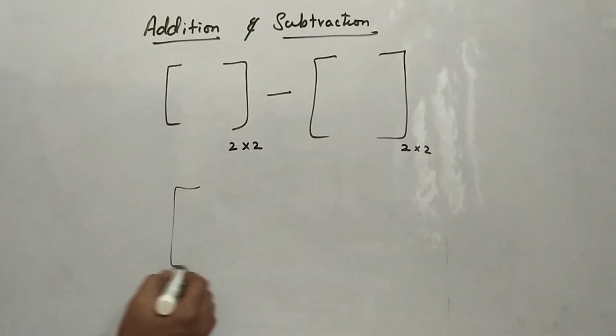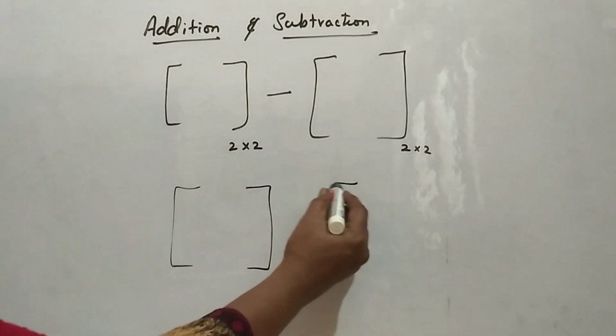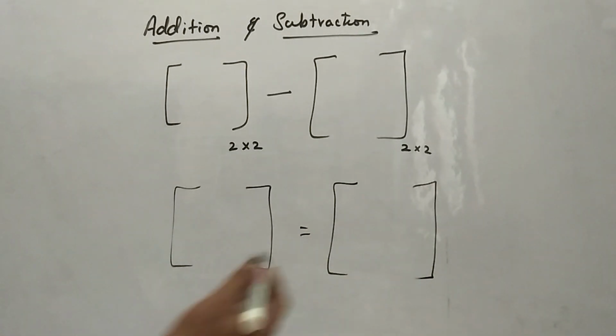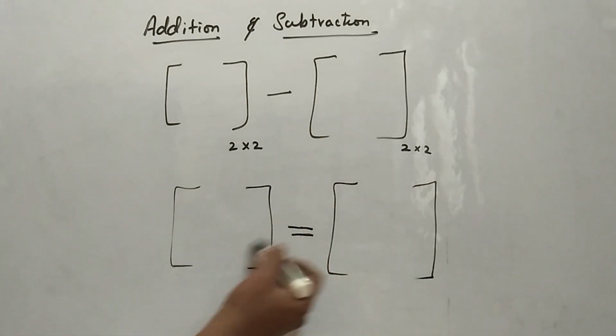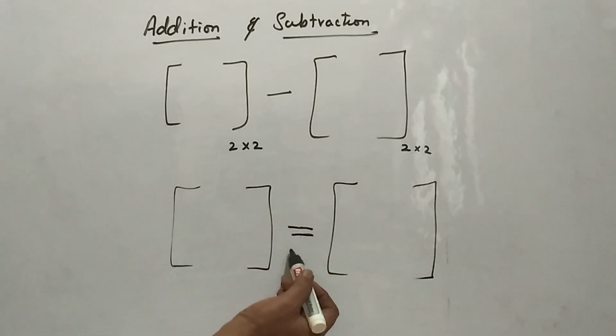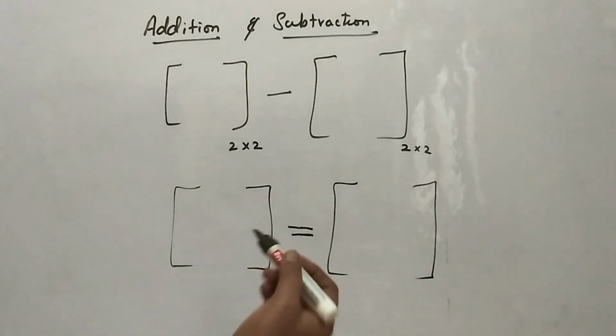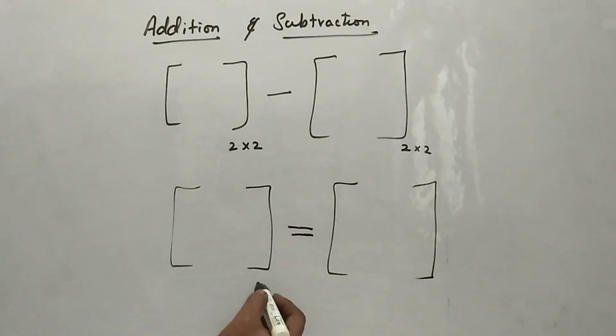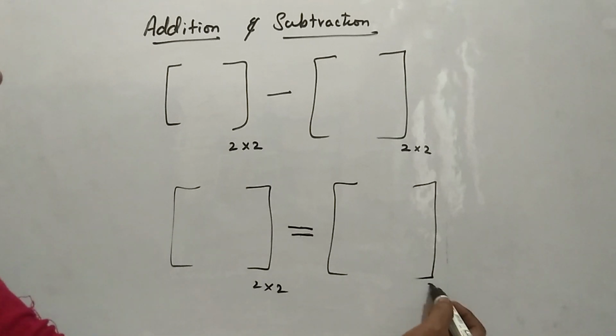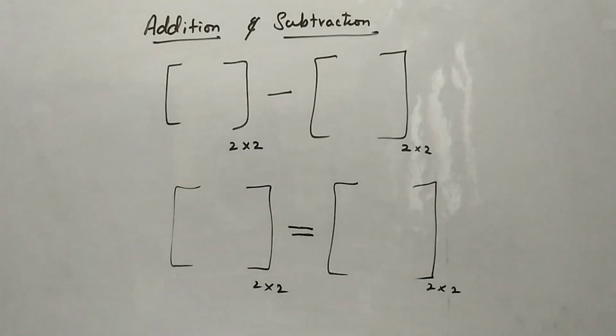Now, what is the sign in between these two matrices? What is the symbol given between these two matrices? Equal. So, if you want to compare or find out the equality, then the order of the matrix should be the same and the corresponding elements of both matrices should be equal.